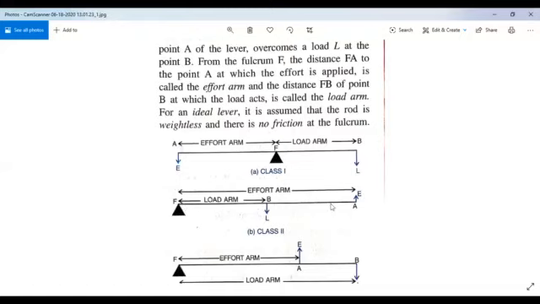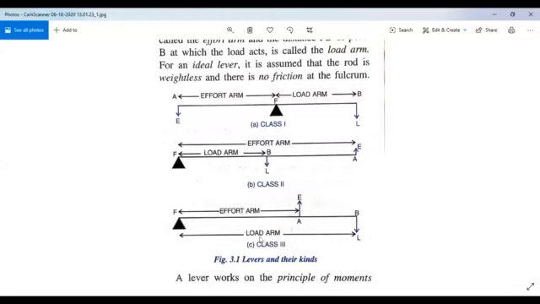And in class 3 lever, what happens? The effort will be in between load and fulcrum. In this case, from effort to fulcrum, whatever the distance is there, it is effort arm. From load to fulcrum, whatever the arm is there, it is load arm. Here also it is same.